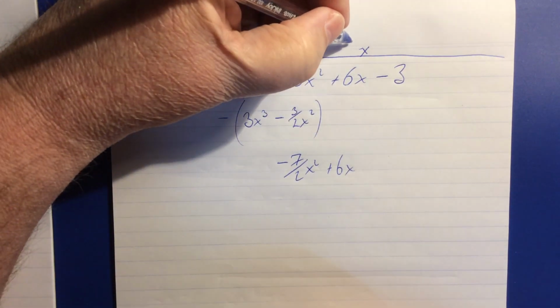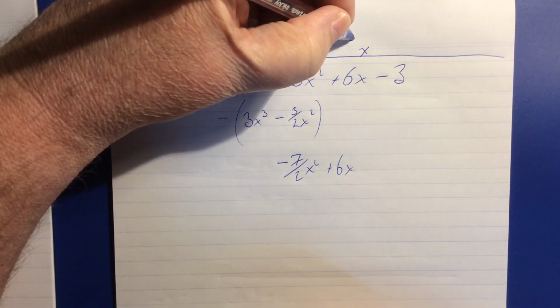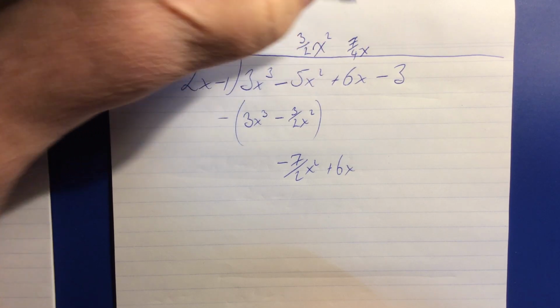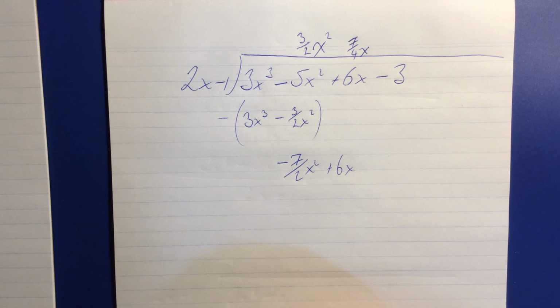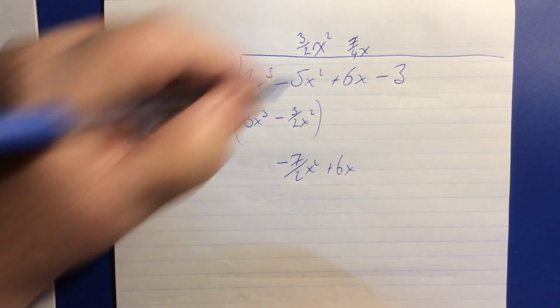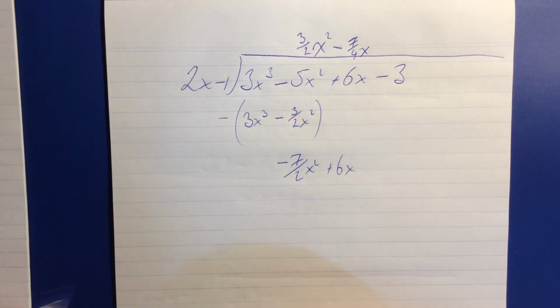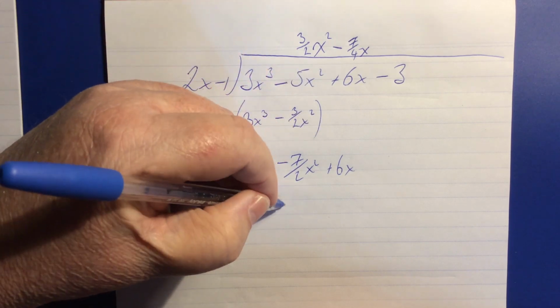Okay, so this number up here is 7 over 4. Is that what I wanted? I wanted negative 7 over 4. So there, a negative. Right. What is the result of that?